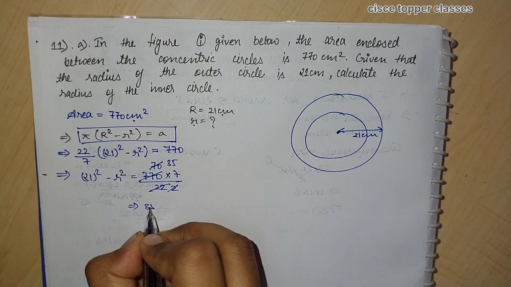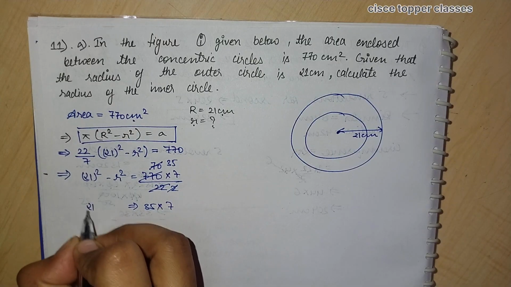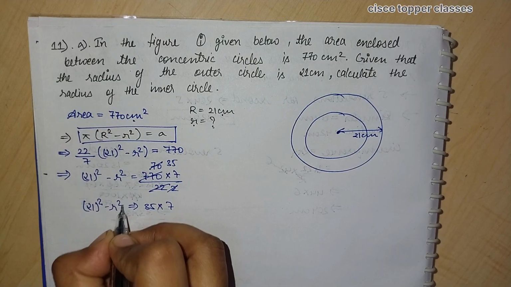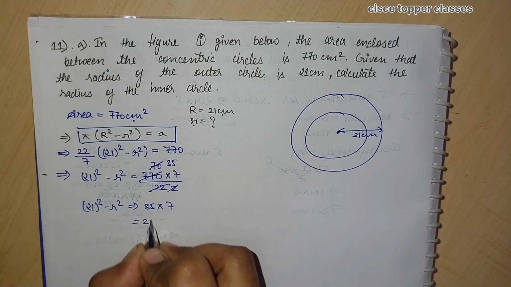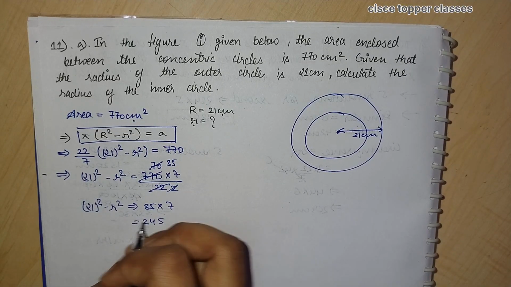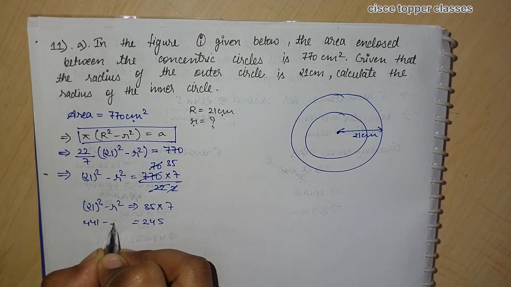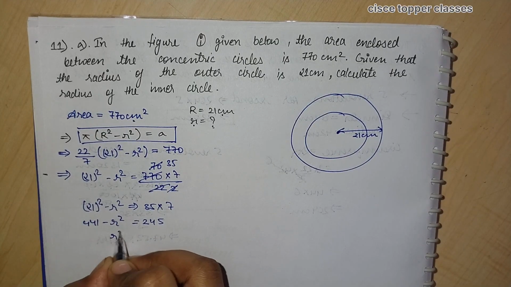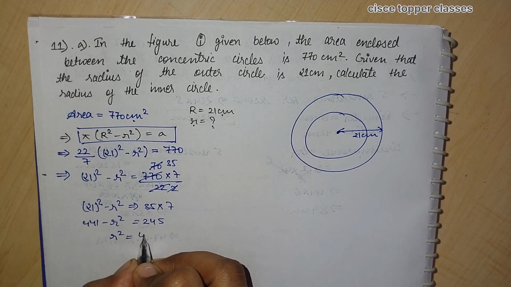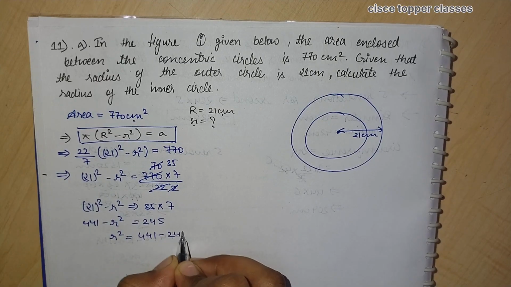So 35 into 7 will be equal to 21 whole square minus r square. So here this is equal to 245 and the whole square of 21 is 441 minus r square. So r square we can write as 441 minus 245.